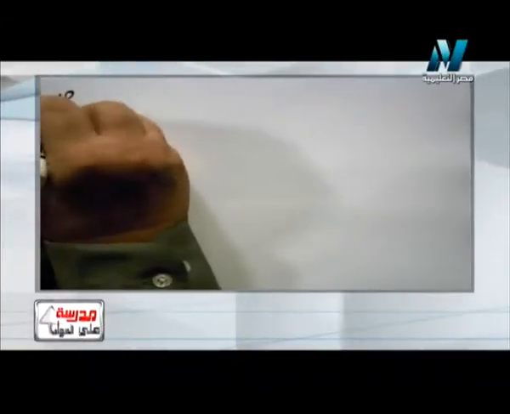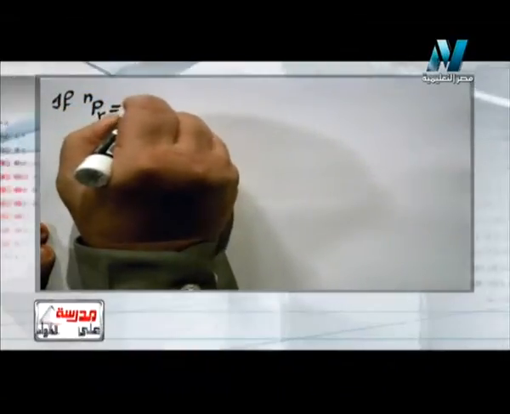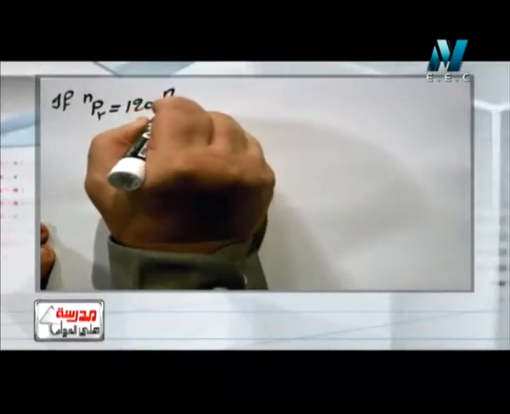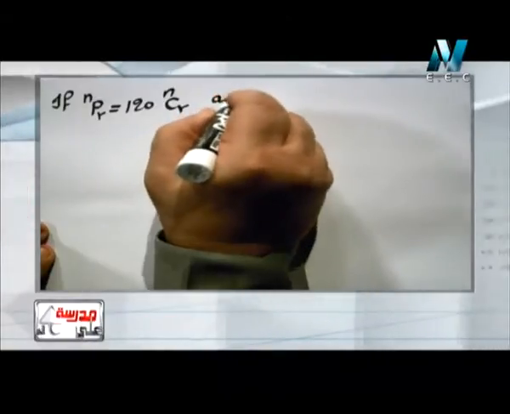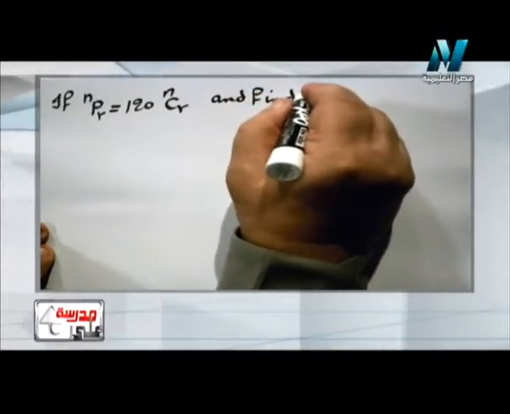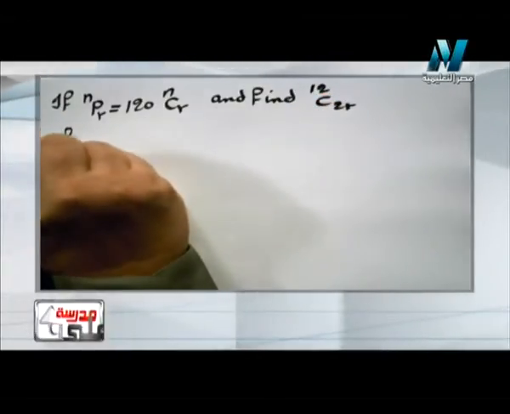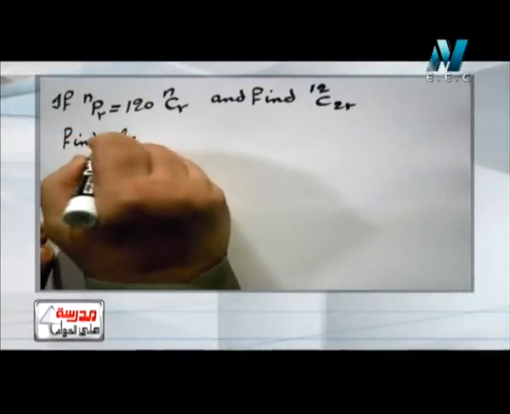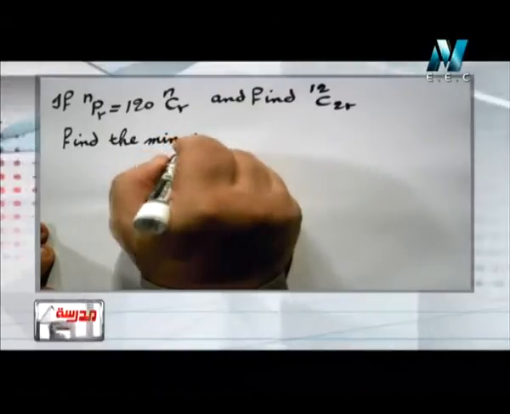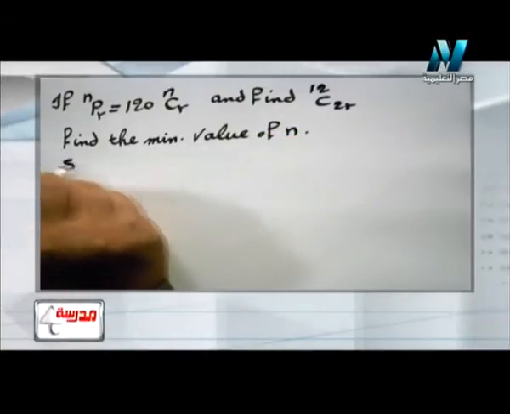Another very nice example, honestly. Let's write it first: if nPr equals 120 nCr, find 12C2r, and then find the minimum value of n which makes this relation true.